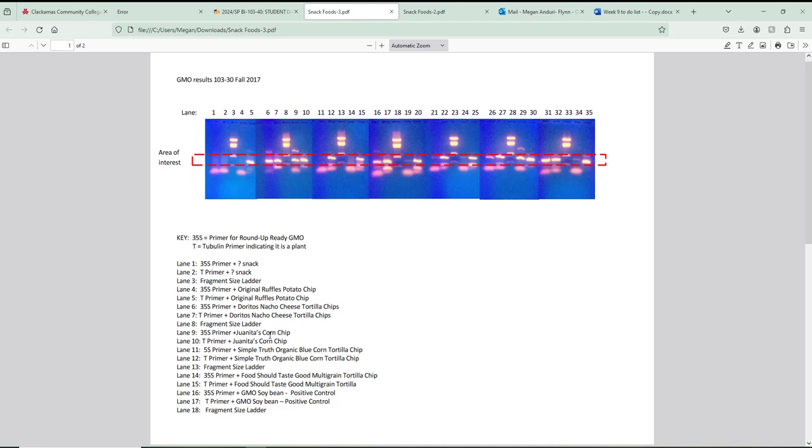You're going to do the same for the others: the Juanita's corn chip, the Simple Truth organic blue corn tortilla chip, and the Food Should Taste Good multi-grain tortilla chips. You're going to compare all 5 of these snack chips to each other and see which ones are genetically modified and contain genetically modified DNA, and which ones do not.